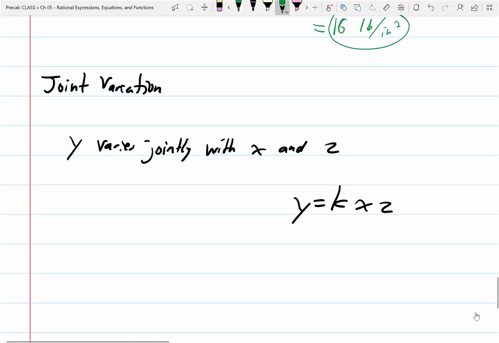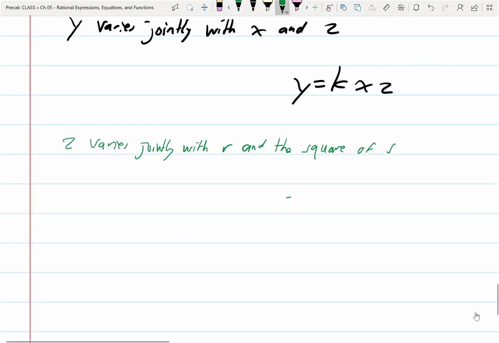I could also put something like z varies jointly with r and the square of s. So that would give me something like z is equal to k times r times s squared.